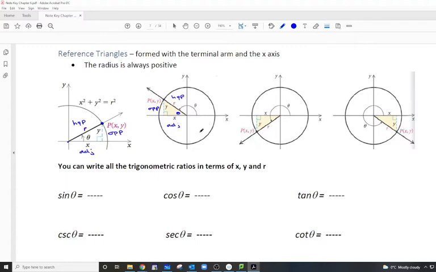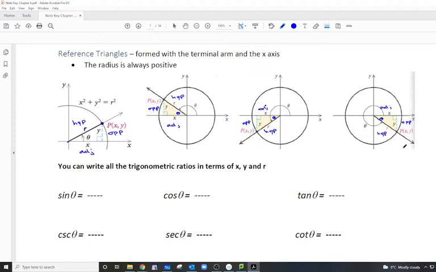In fact, no matter which quadrant it's in, if we put theta as the angle in the reference triangle made with the x-axis and the terminal side, then y is the opposite, x is the adjacent, and r is still the hypotenuse. It doesn't change. In quadrant 4, if we say theta is the angle between the terminal side and the x-axis, y is still my opposite, x is still my adjacent, and r is still my hypotenuse.